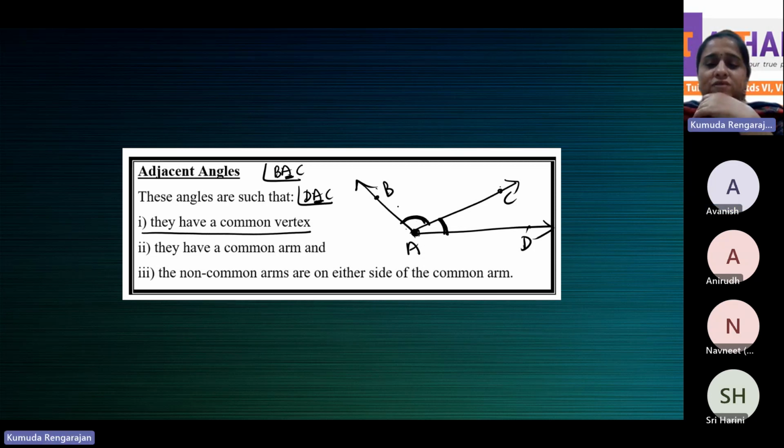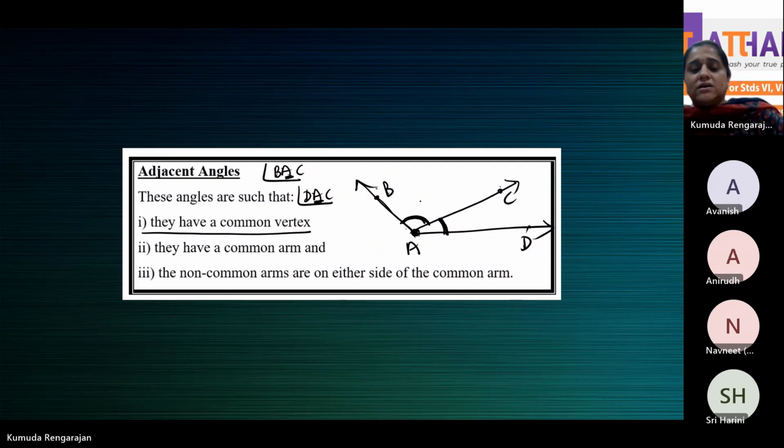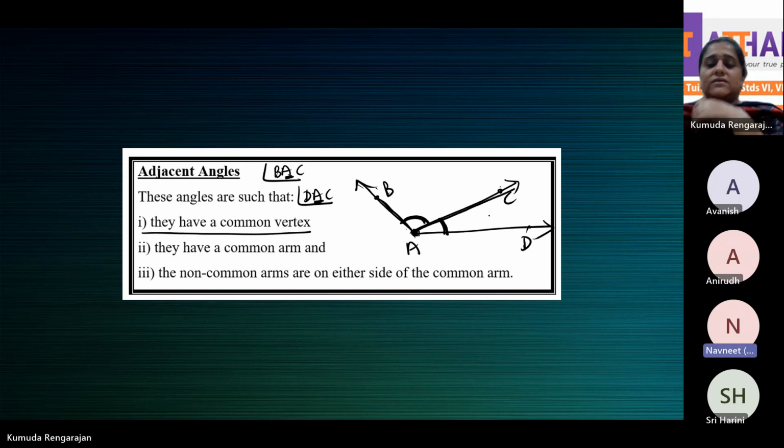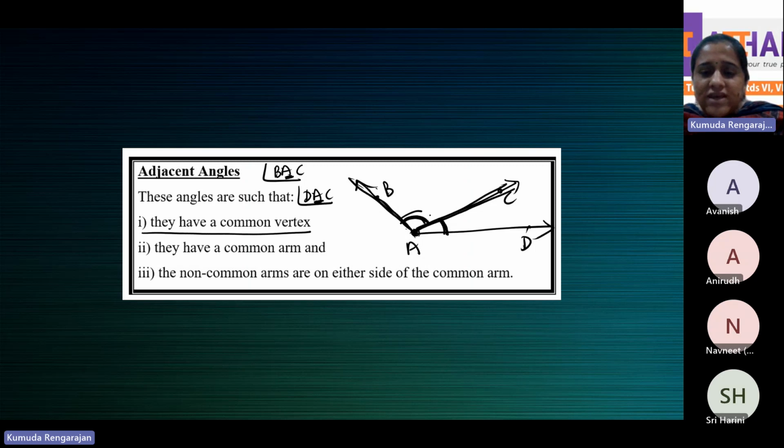Now, which are the arms of angle BAC? B line and C line, ma'am. Very good. So AB and AC are the arms of this angle.